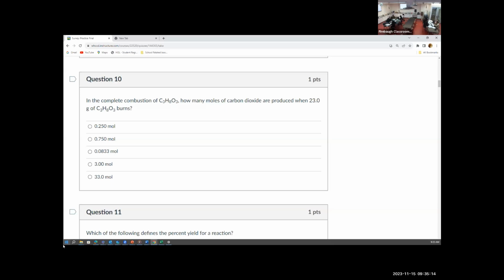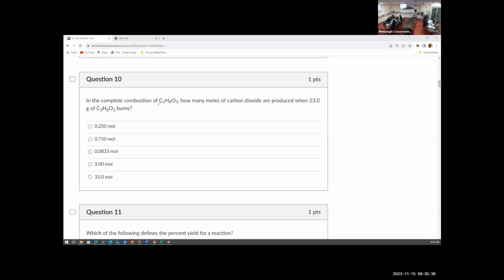First thing that we need to do for this problem is to do what? Balance the equation. So we need to write the chemical equation. So first off, we need to figure out what the chemical equation is.